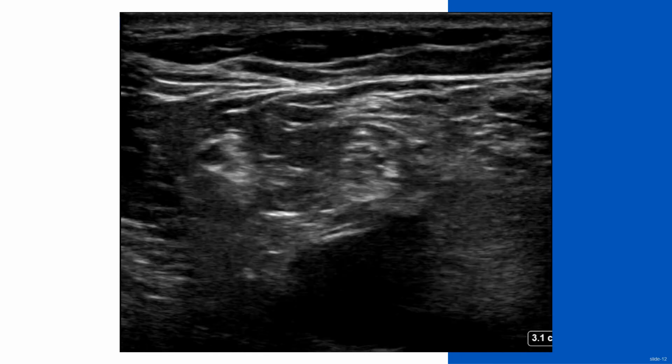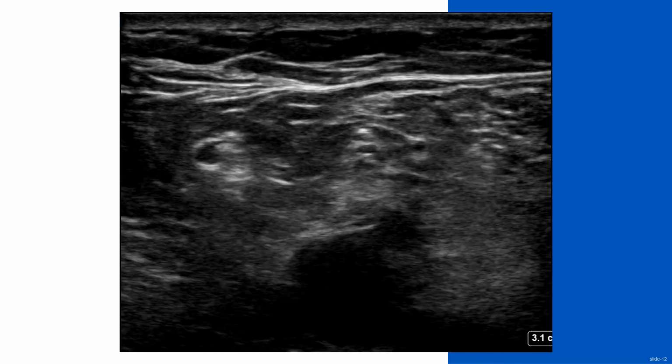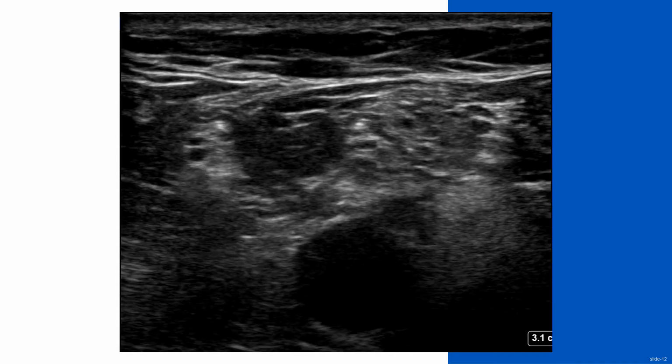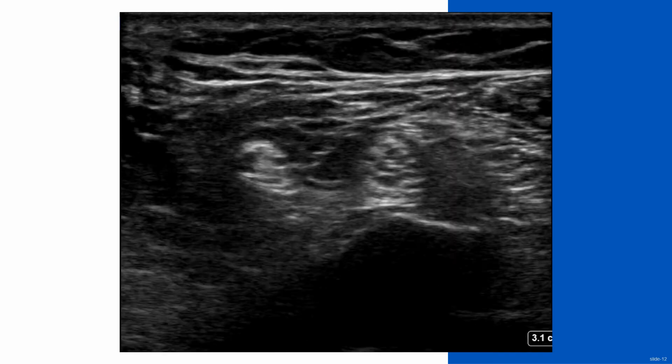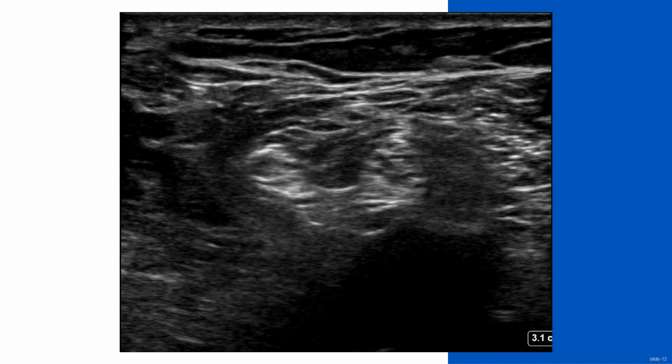You can see the tibial on the right-hand side of the screen, common peroneal on the left-hand side. Let's restart the video. As we get even more distal, they get further apart. You see an excellent popliteal artery, again, tibial nerve, common peroneal nerve.